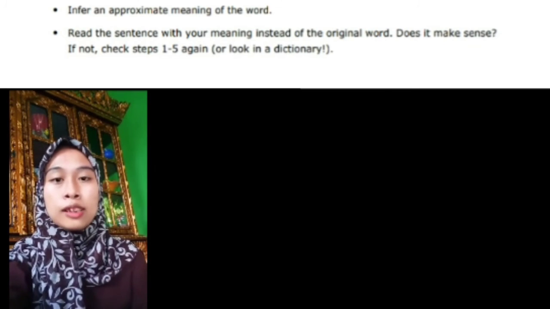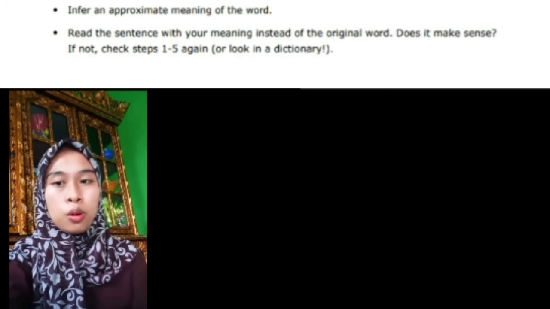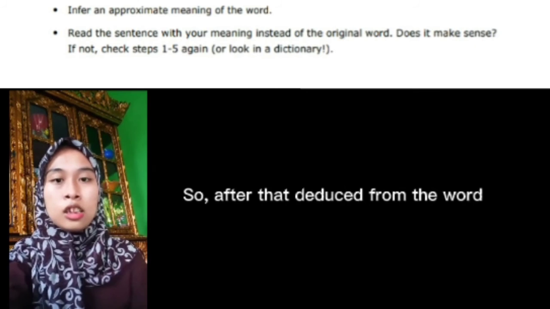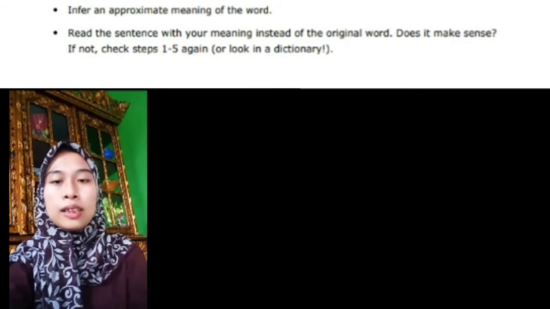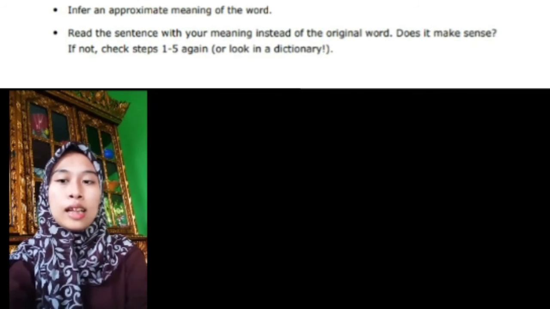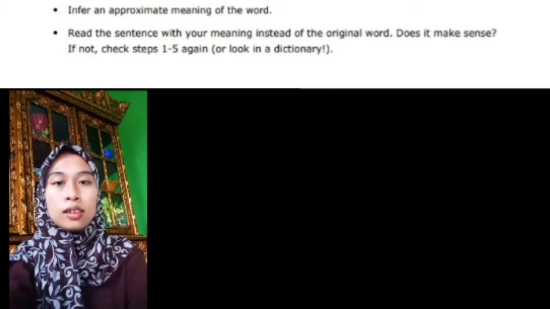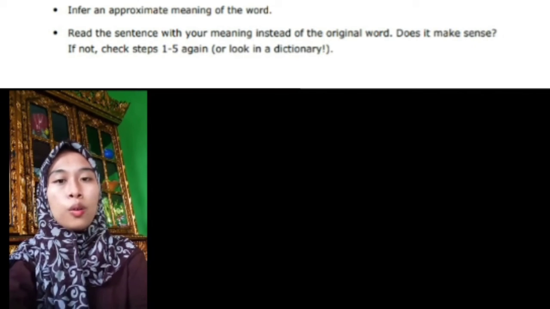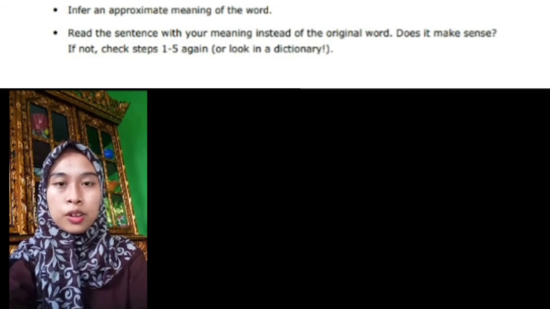Six, infer an approximate meaning of the word. Seven, read the sentence with your meaning instead of the original word. Does it make sense? If not, check steps 1 to 5 again or look in a dictionary.